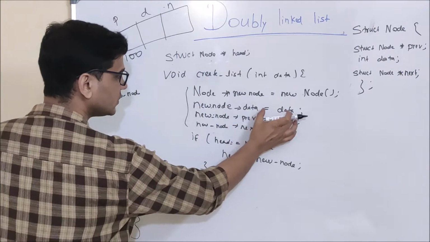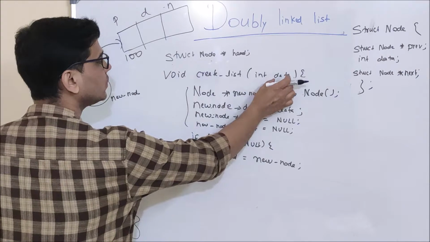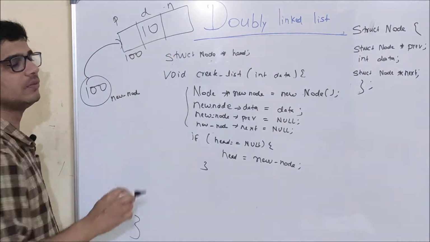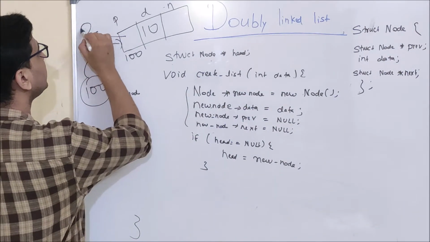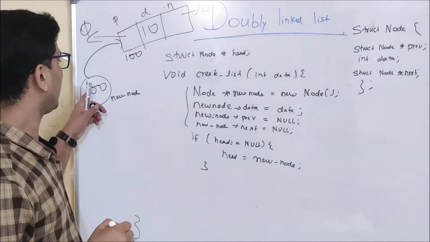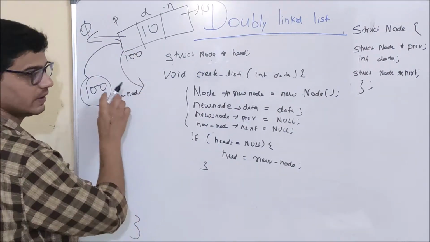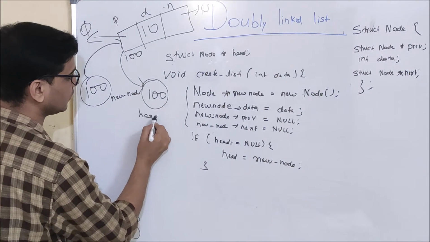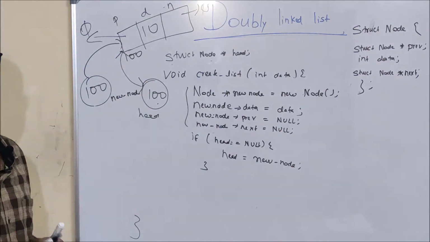I have stored data here, for example, say the user wants to insert 10 in this list. So in the new node we hold 100, the previous pointer will point to a null location, and the next pointer will also point to a null address. We copy the same thing into our head pointer, that is, head will start to point to the first node of this linked list.